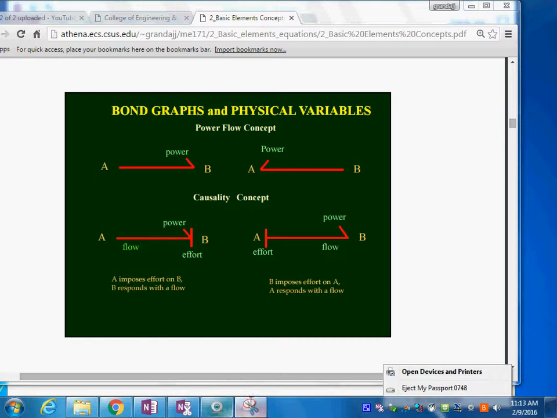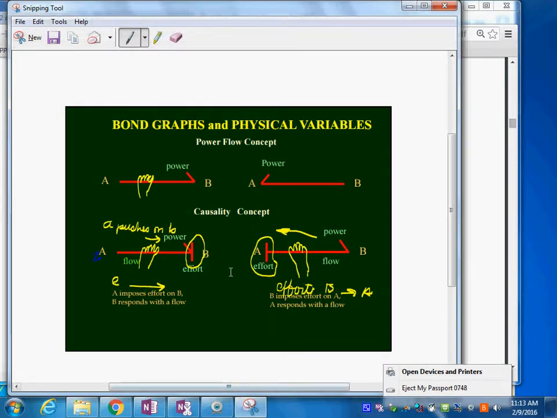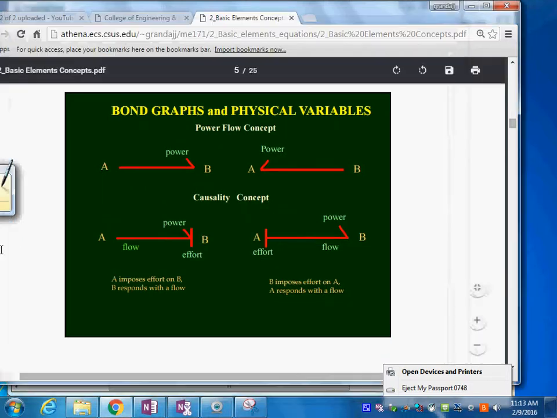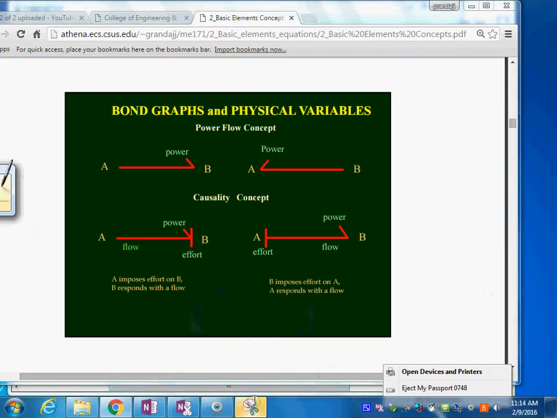In other words, what you see here, let's just draw it here. The power goes from A to B, but when it comes down to applying the effort like this, when you read it like this, it's saying that the effort goes from B to A. Okay, because the crossbar is the indication of the effort.